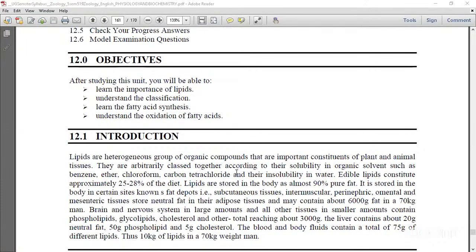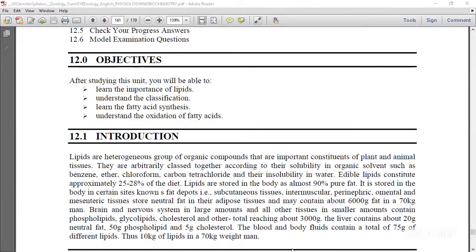Of the lipids stored in the body, almost 90% is fat, where the fat deposits are known as subcutaneous, intermuscular, perinephric, omental, and mesenteric tissues, which store neutral fat in their adipose tissue, which may contain 6,000 grams of fat in a 70 kg human body.